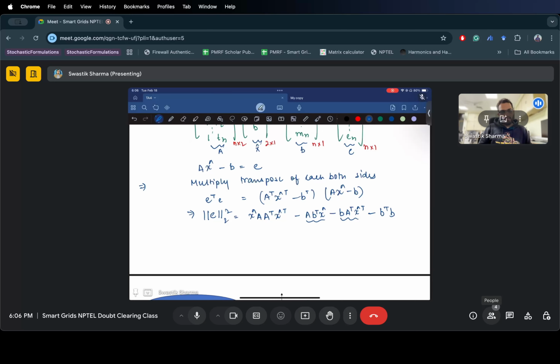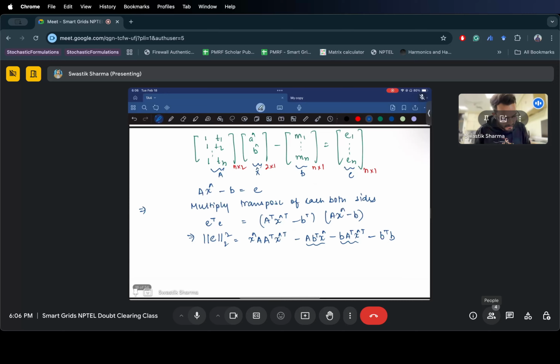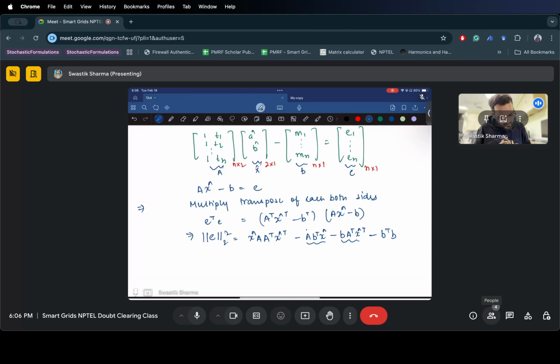Over here, if you see, both of these terms are equal, in the sense that these are only a scalar quantity. If you check their matrix multiplication, this is n cross 2, this is n cross 1, and this is 1 cross n. Just a second.